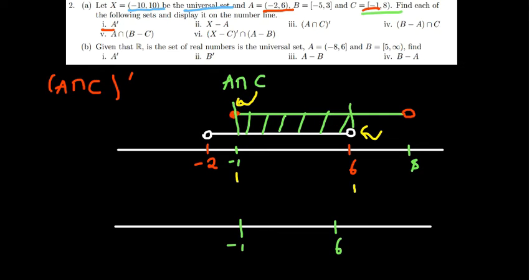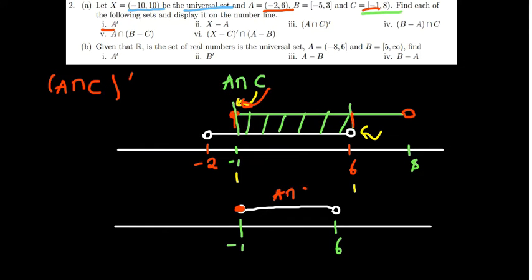That's what I've said is our A intersection C, which we've simplified from the first number line there. So don't forget, the part that is shaded is the -1 part. This region I've shaded is the one we are discussing here. So this is our A intersection C.